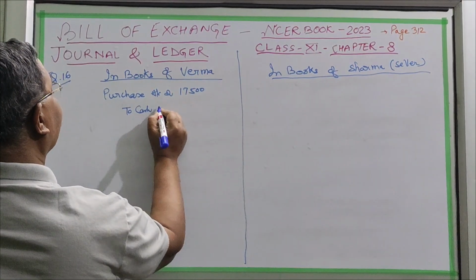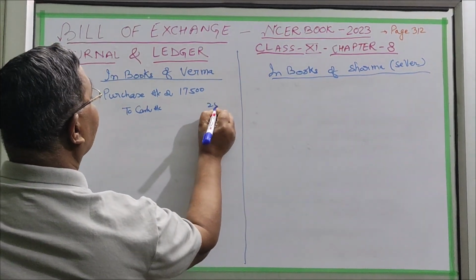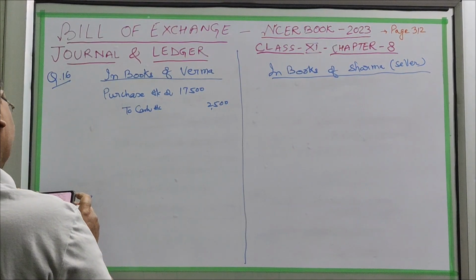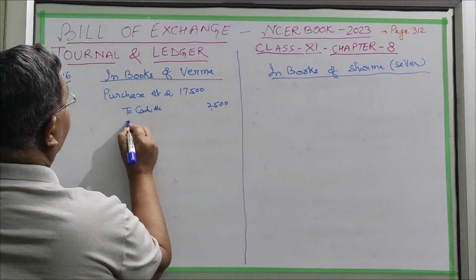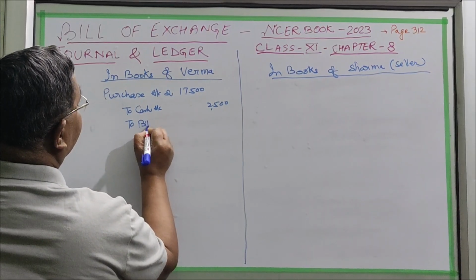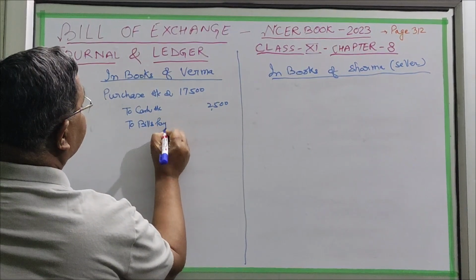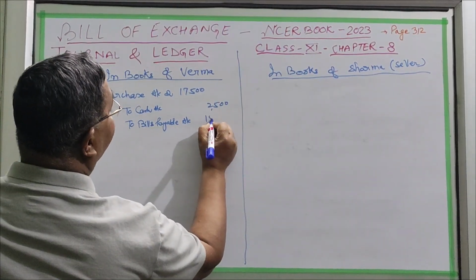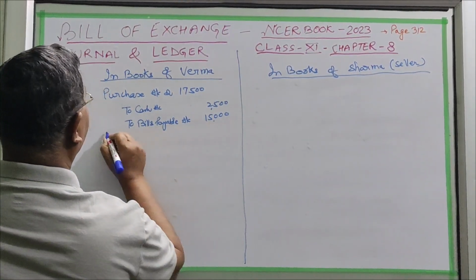He has given 2,500 in cash, and for the rest balance gave a promissory note. So to bills payable account, because he has to pay the money, for him it is payable, bills payable account, and for 15,000 he has given the bill.